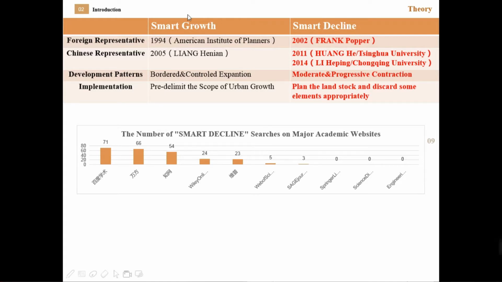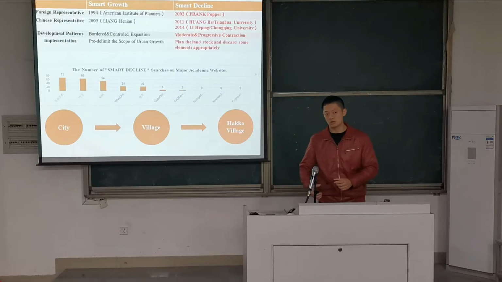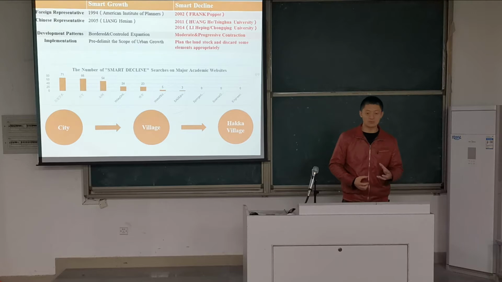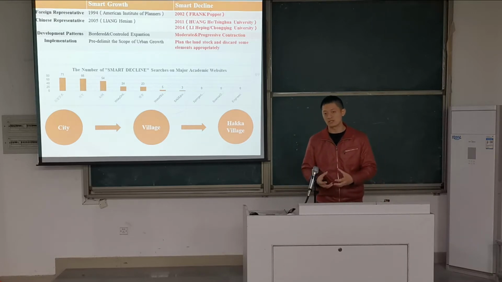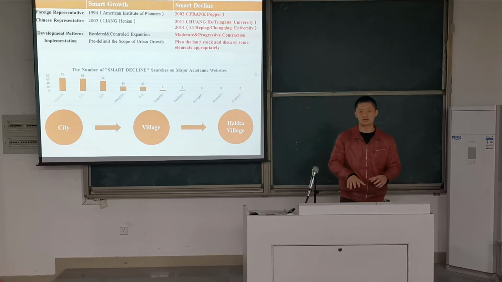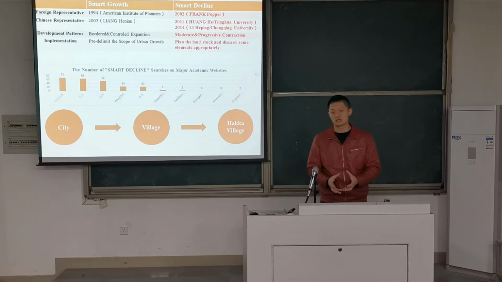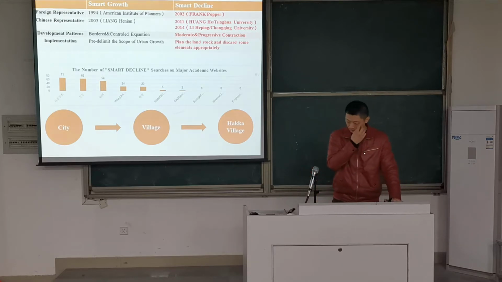This theory started from the United States when Detroit and some other cities around were facing the same problem of population hollowing out. So how to restore the current developed area instead of developing new area, which is useless. That is the theory that the government brought about.